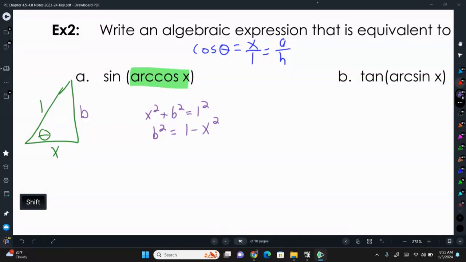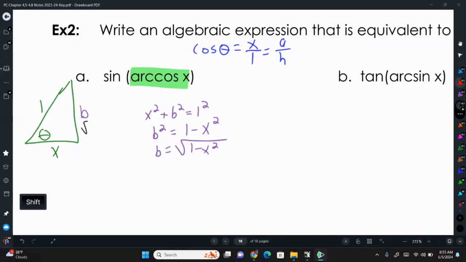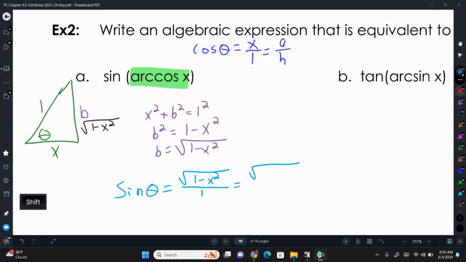And then when we square root both sides, we get b is equal to the square root of 1 minus x squared. So this side right here is the square root of 1 minus x squared. So now the sine of our angle is going to be the opposite side, the square root of 1 minus x squared over 1, which is just equal to the square root of 1 minus x squared.